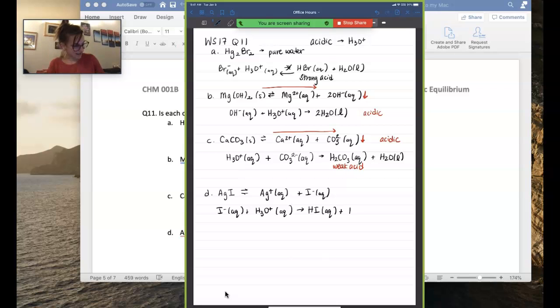And in that case, would it actually form? Well, hydroiodic acid is a strong acid. And so the iodide's not going to want to react with the hydronium ion, because it would form hydroiodic acid. We know as a strong acid that wants to dissociate completely. And so you would say for this one, it would be soluble in pure water.